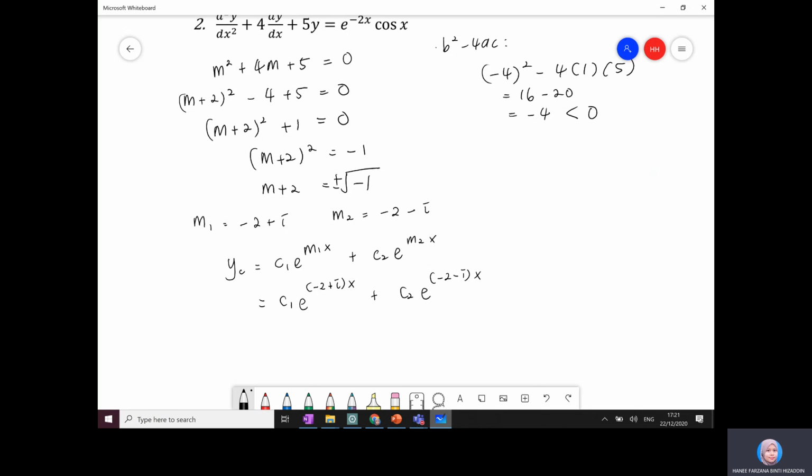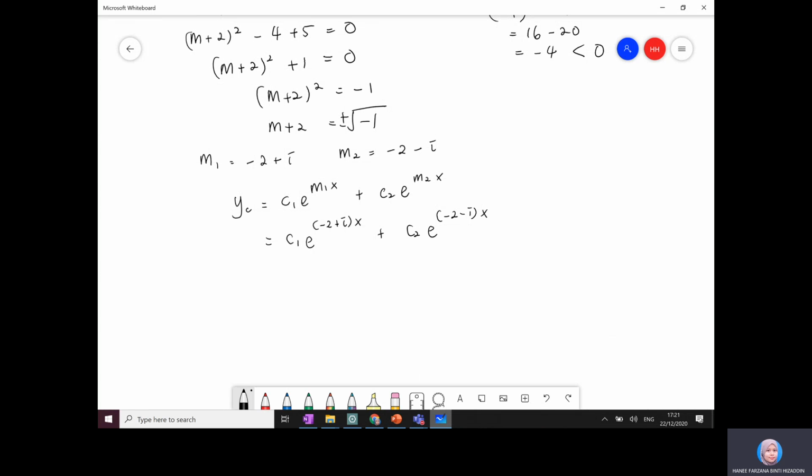This is your complementary solution, or you can also write it using Euler's formula, where alpha is equal to negative 2 and your beta is equal to 1. So your yc can also be written in the form e^(-2x) times (a cos x plus b sin x). Okay, so that is your yc.